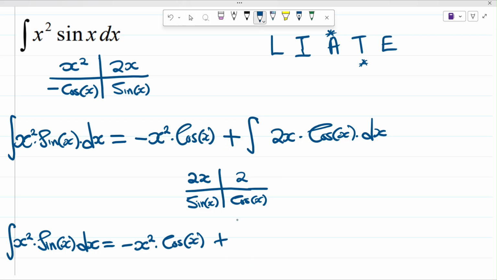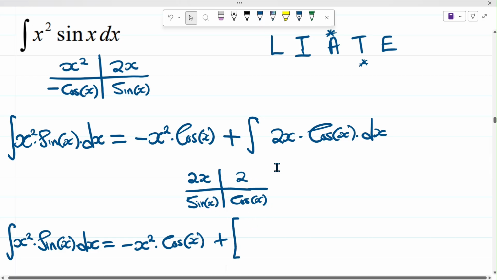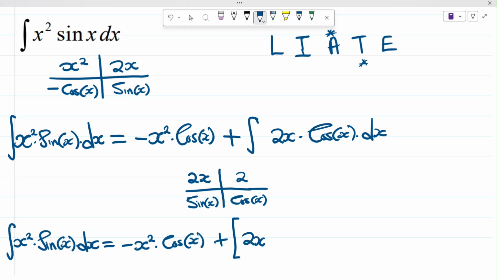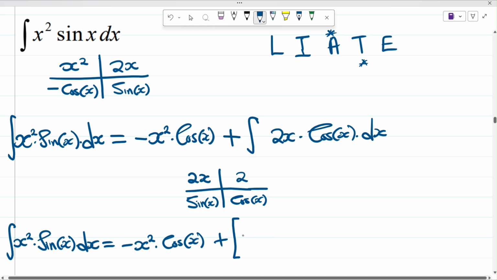So now I'm about to apply my integration by parts. I'm going to use this cross, of course. So this is going to be first multiplied by third, that's 2x multiplied by sine of x, right?